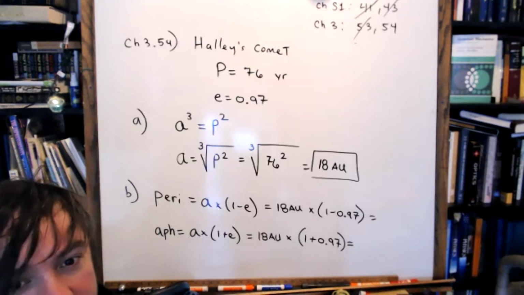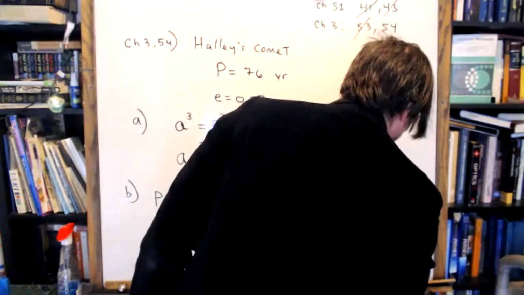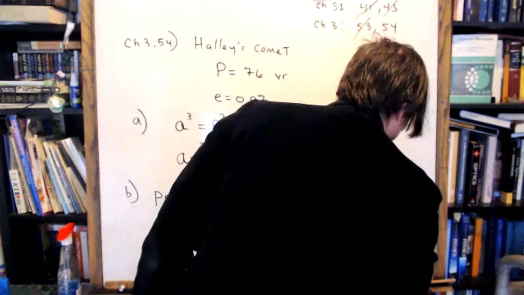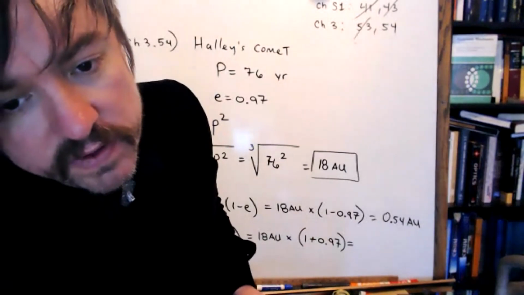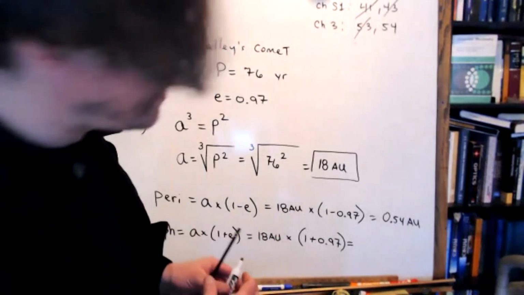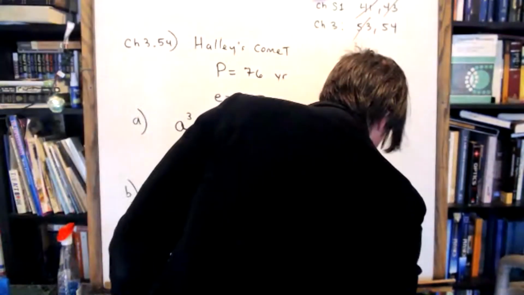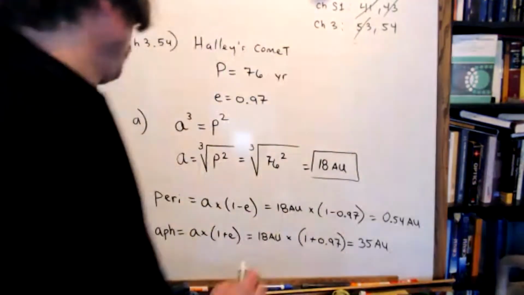Zach's telling us 0.54 AU for the perihelion. He also says that he got 35 AU for the aphelion. Nice rounding, Zach.